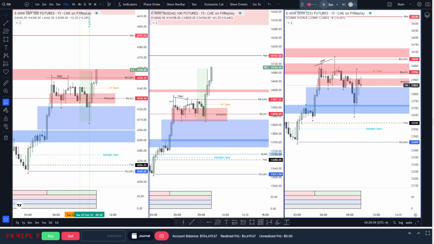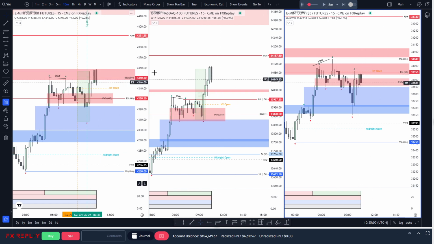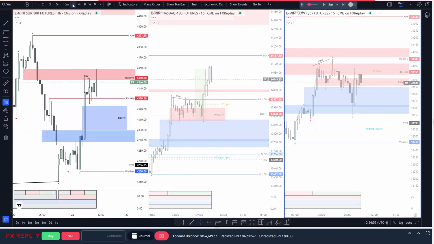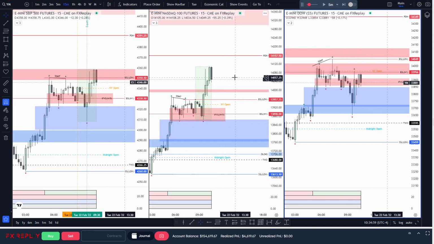So currently NQ obviously is looking increasingly likely. Let's just go back to that. Okay. NQ's looking increasingly likely to trade up to its previous day's high.